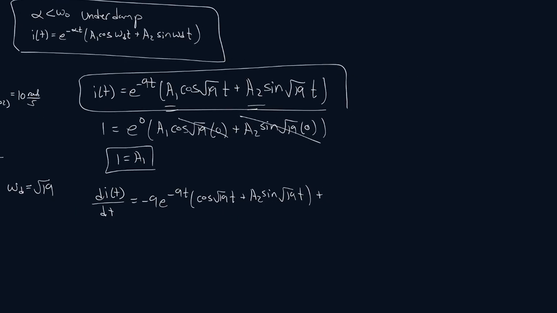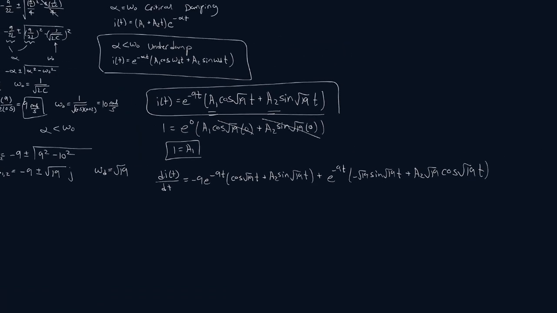Okay, plus e to the power of minus 9t times, this turns into minus square root of 19 sine square root of 19t plus A2 square root of 19 cos square root of 19t.